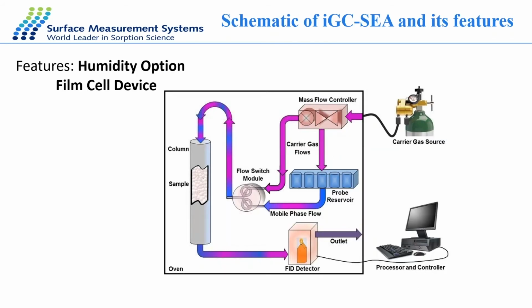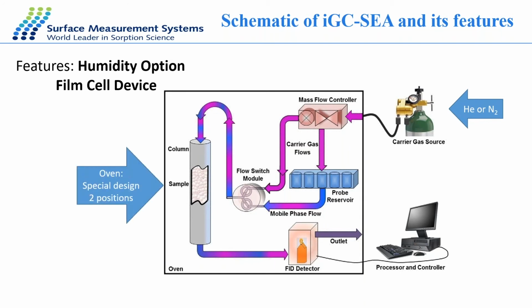On this slide, you can see the schematic of our IGC system. The carrier gas is helium or nitrogen. The oven has 2 column positions, and it has a special design. It's really designed for thermodynamic measurements. And the standard oven has a 20 to 150 degrees C operating range.